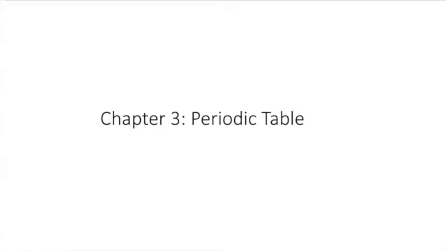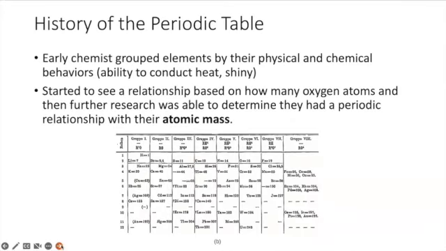All right, chapter 3, the periodic table. So we've already kind of introduced the periodic table a little bit, so this will go by pretty fast. We talked about why the groups are the way they are, but early chemists basically decided, we're going to group these all on their atomic masses because that's the only correlation they could find.